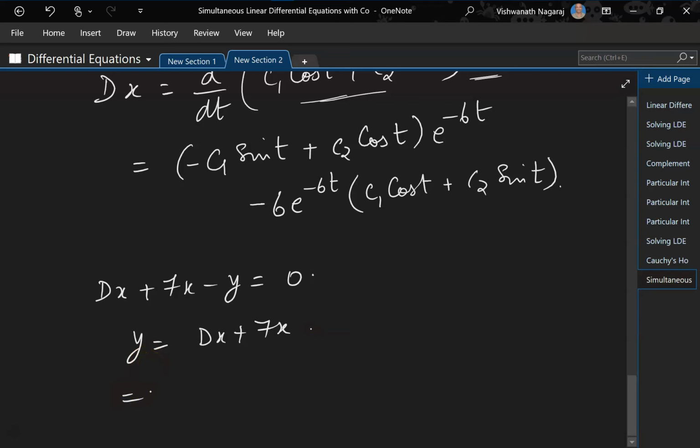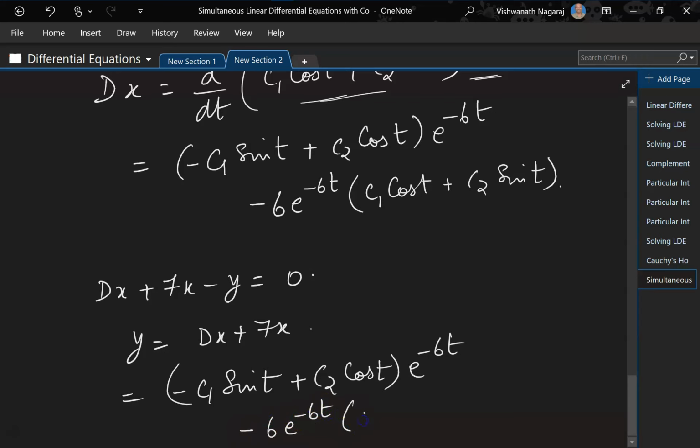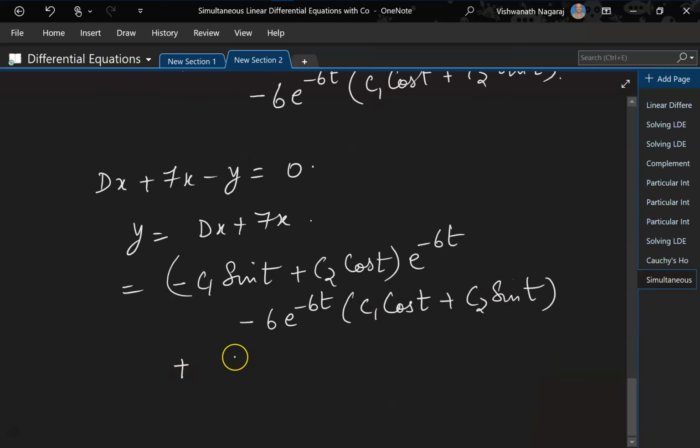Now dx we have just evaluated, so minus c1 sin t plus c2 cos t, e to the power of minus 6t, minus 6 e to the power of minus 6t times c1 cos t plus c2 sin t, plus 7 times x.